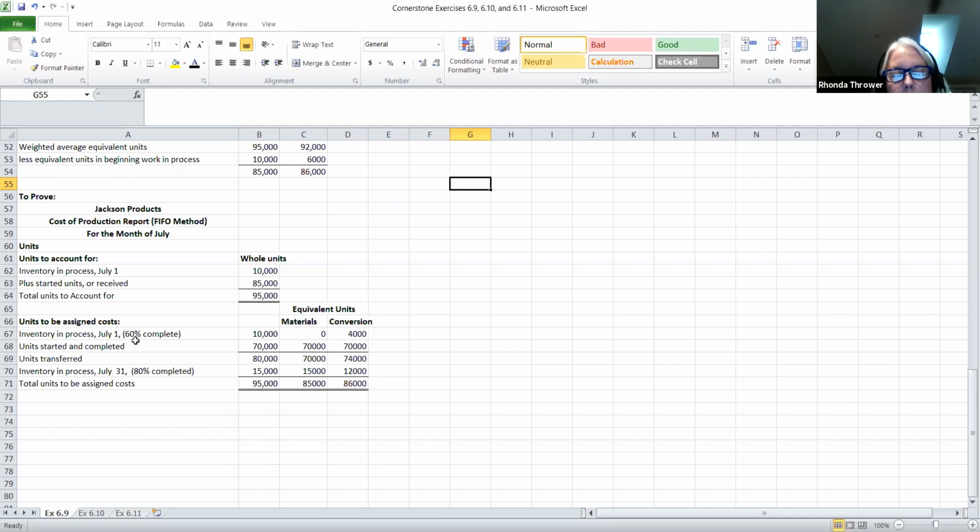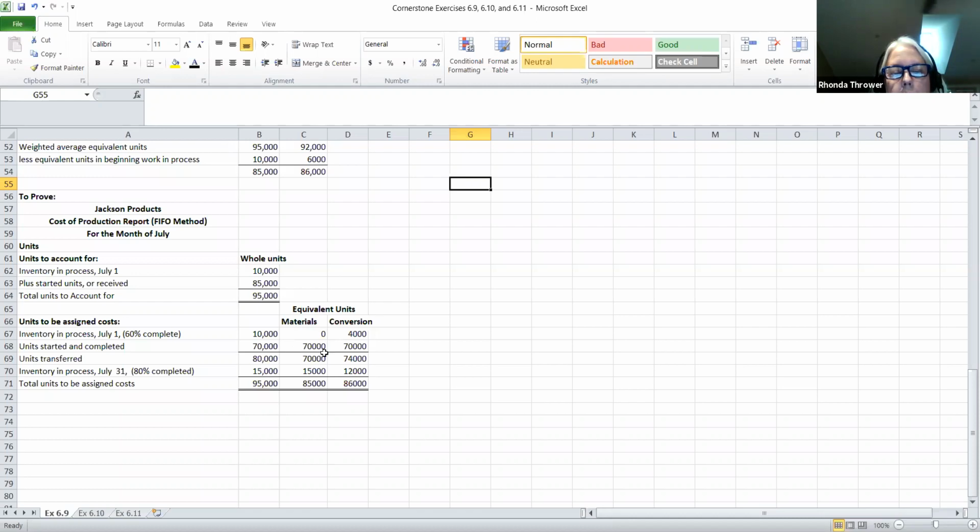So the complement of 60% is 40% that we would multiply by the 10,000 whole units. That gives us 4,000 in conversion equivalent units. The materials equivalent units was 0 because all the materials are added at the beginning of the process. They already had all of the materials added last period in the FIFO method. So we didn't need any in this method to finish off those units.